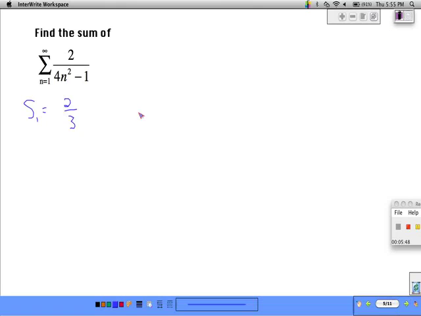The second partial sum is equal to 4/5, because if I write this series out, we get 2/3 plus 2/15, plus 2 over 35, plus so on and so on.